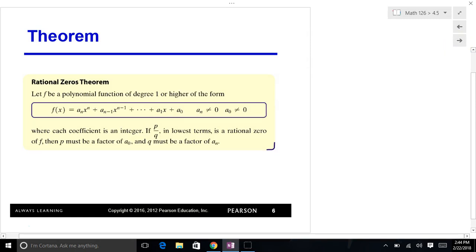Alright, so the rational zeros theorem just says we can list all the possible rational zeros by taking all the factors of our a subscript 0, our constant on the end, over our factors of the leading coefficient. That's how we can list them all.